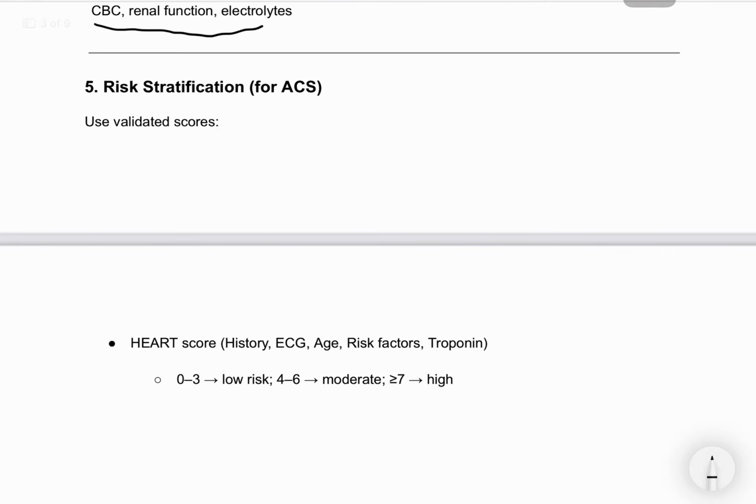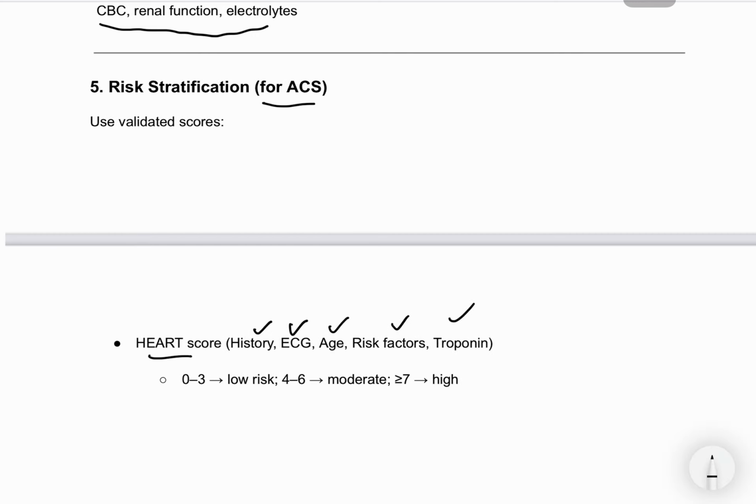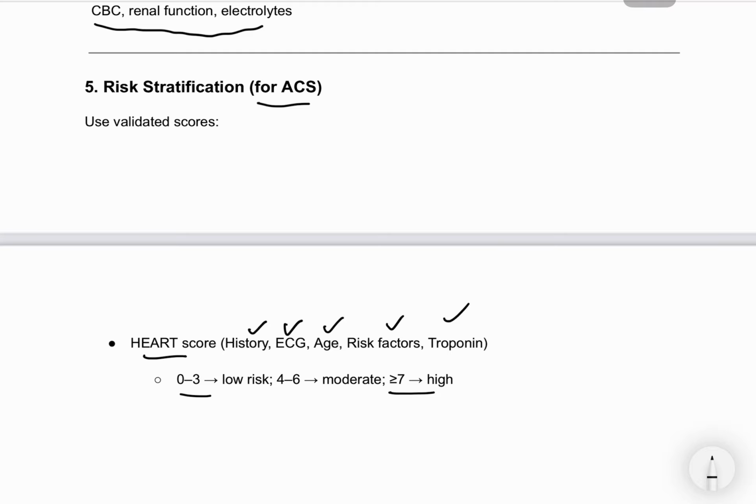After that, we can do risk stratification for ACS. Okay, validated scores like the HEART score. We have to look at the history, ECG changes, age, risk factors, and troponin, and we categorize the patient from low risk to high risk.